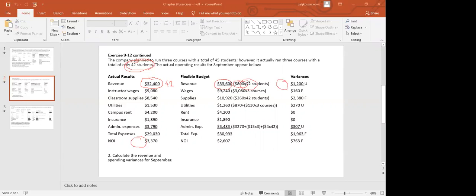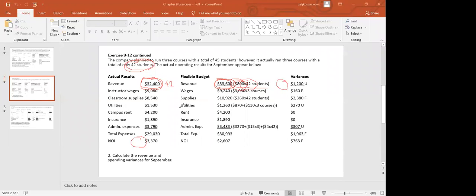So now, if you should have charged $800 for each student, and you use 42 students here, you get 33,600. But the actual number, your revenue, not cash, we're talking about the revenue, is 32,400.